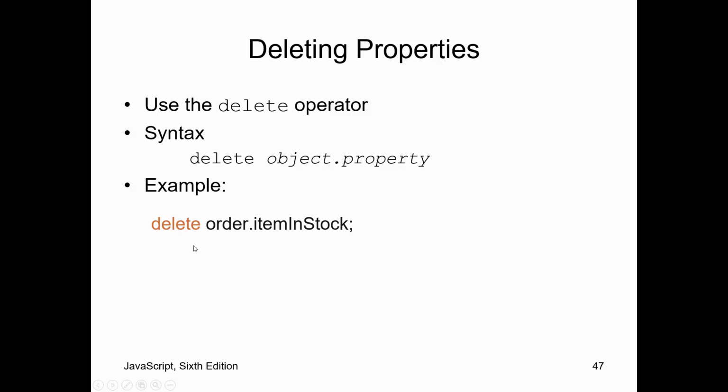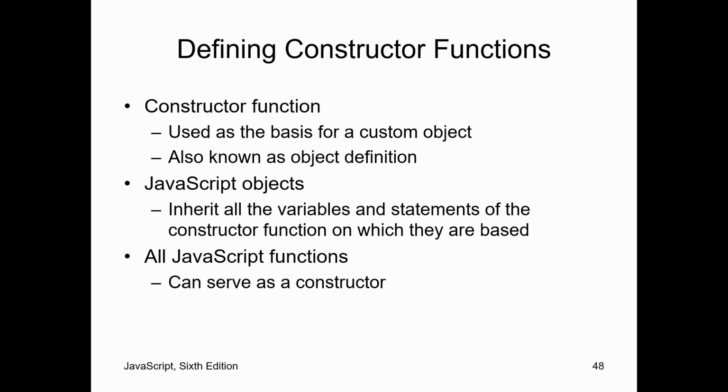All right. To delete a property, you use the delete operator, the name of the object you just created, dot property. So you don't need something anymore. You can also have what are known as constructor functions. And this is interesting because, as we mentioned before, one of the things that makes JavaScript object-based versus object-oriented is you don't exactly create a class.